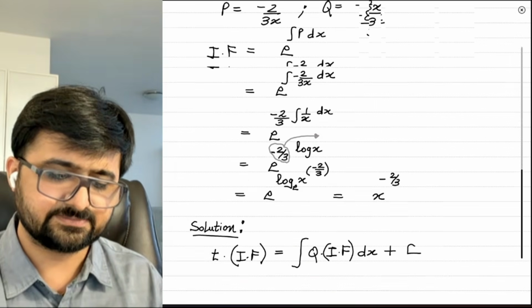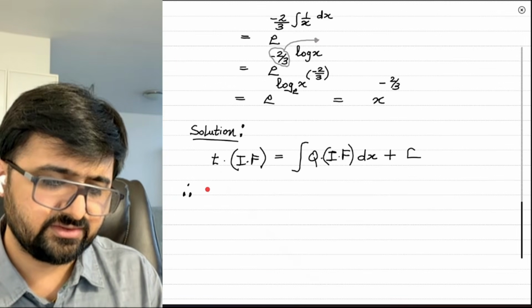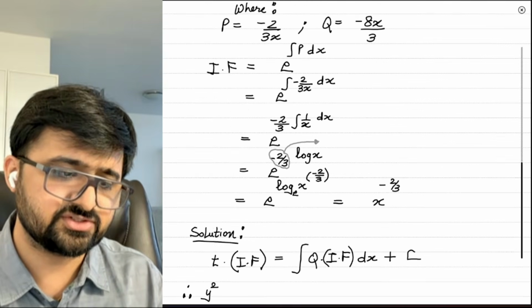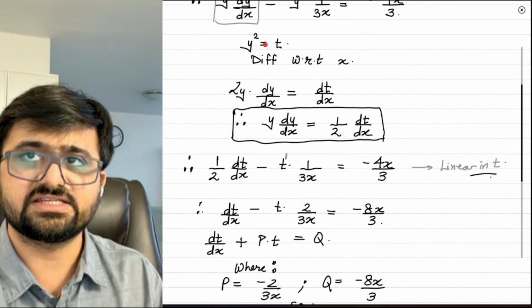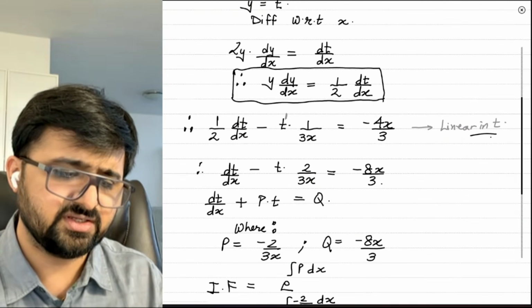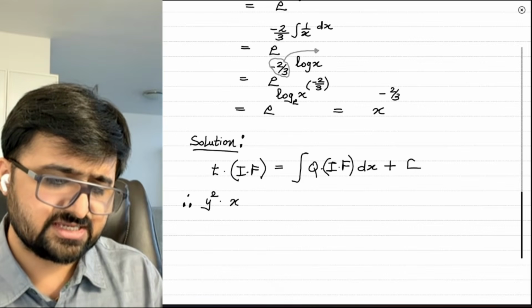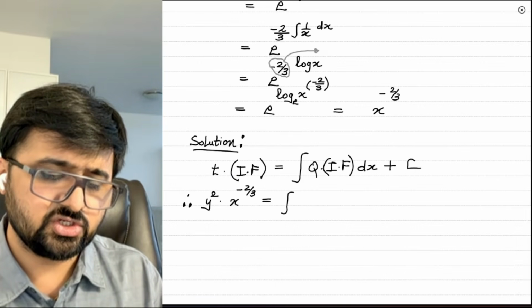Remember t is nothing but y square. That is the substitution we made, if you look above, where we put y square as t. So we can resubstitute back now. So y square into x to the power minus 2 by 3 is equal to integration of q into integrating factor.